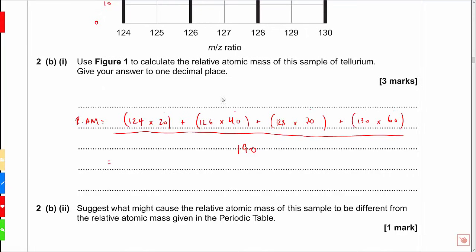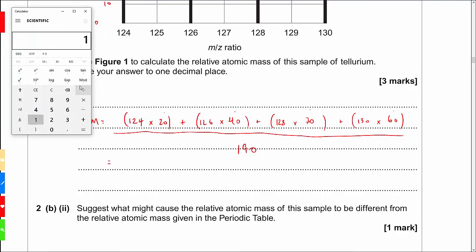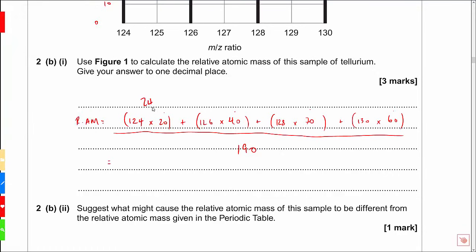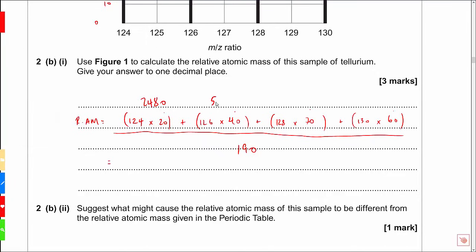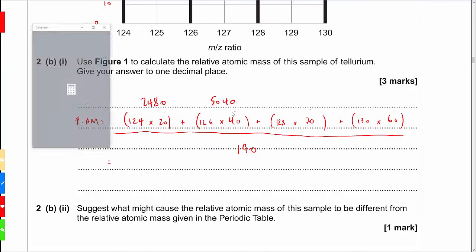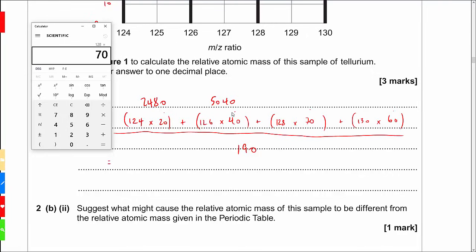These numbers tend to be quite big as you're working them out, but eventually it kind of all settles down. So I'll do this as is on here. 124 times 20 is going to be 2480. Next one's going to be 126 times 40, 5040. Next one's going to be 128 times 70. It's going to be 8960.